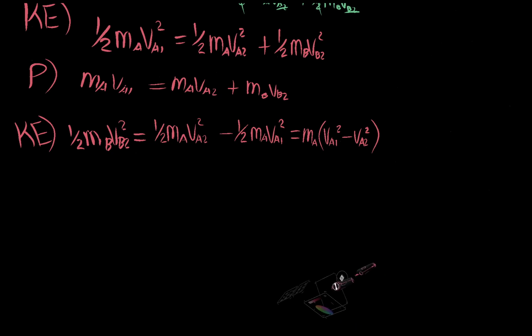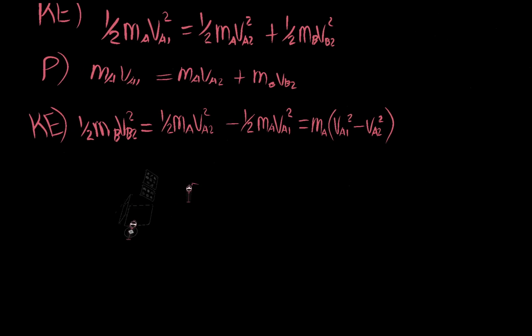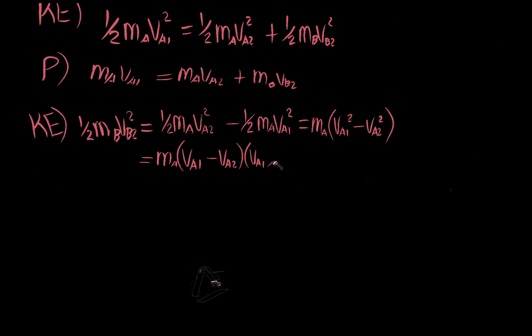Yes, okay. And then we can go even further than that and multiply that out. So final rearranged form is going to be this equal to MA times VA1 minus VA2 times VA1 plus VA2. Correct?